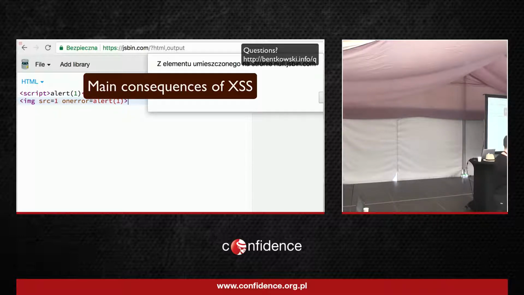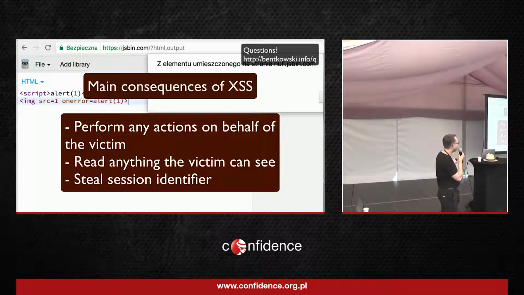That's actually, I could say, the best answer: you can do everything you can do with JavaScript. And if you write the front end of your web applications in JavaScript, then you know that you can program just everything. With XSS, you can perform any actions on behalf of the victim. So, for example, in Gmail, you can send some emails.